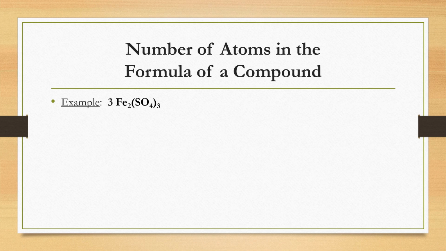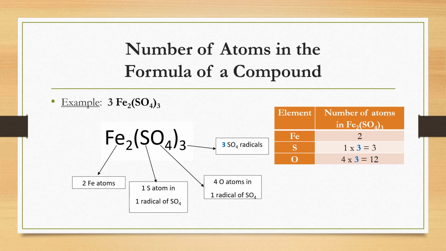Another example that we are going to have a look at is iron(III) sulfate, which has formula 3Fe2(SO4)3. The coefficient 3 in front of the formula shows that there are 3 units of Fe2(SO4)3. Let's first count the number of atoms of each element in 1 unit of Fe2(SO4)3.